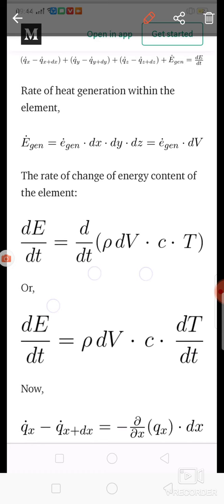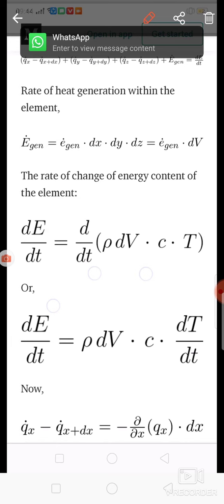And what is the equation related to q̇_x+dx? q_x+dx is equal to q_x plus ∂/∂x of q_x into dx. So take the difference of these terms, and the final term is minus ∂/∂x of q_x into dx. q_x is nothing but, by Fourier's law of heat conduction, minus k into dT by dx. So taking the difference of these two terms, we get the final answer, minus ∂/∂x of q_x into dx. This is the term along the x direction.